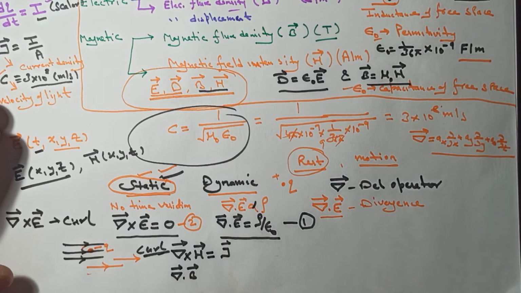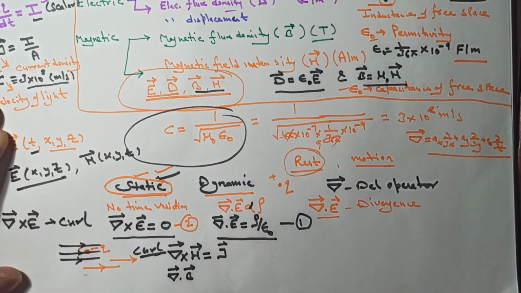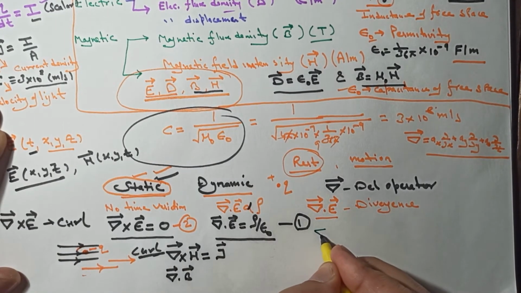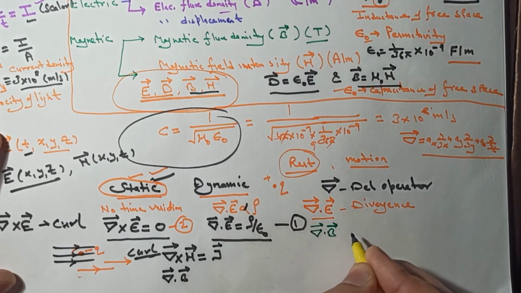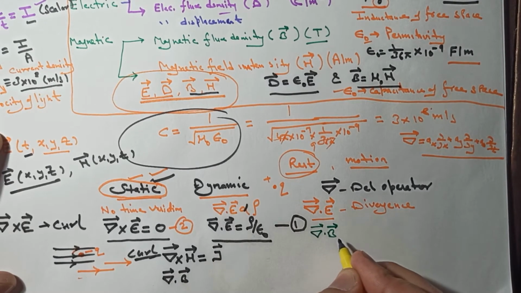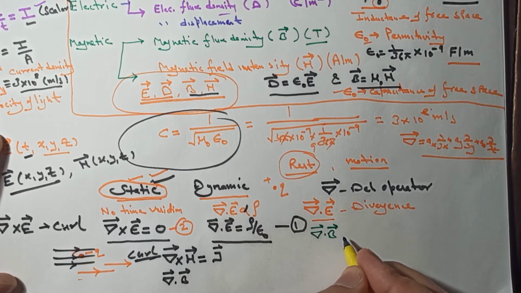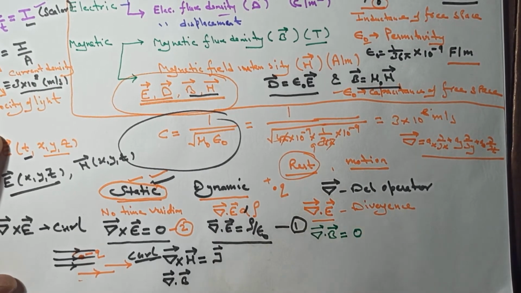Let's do it for the magnetic field. Let us start with the divergence. The divergence of the magnetic field is del dot B. Del dot B gives you the net flow of the magnetic field, and it is always 0.